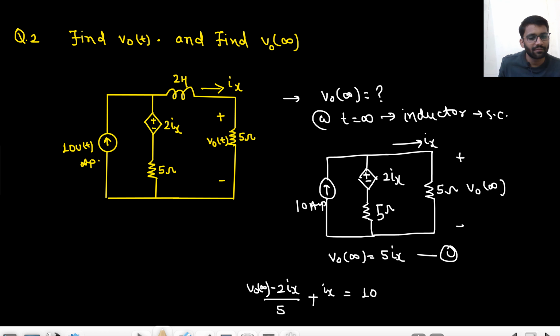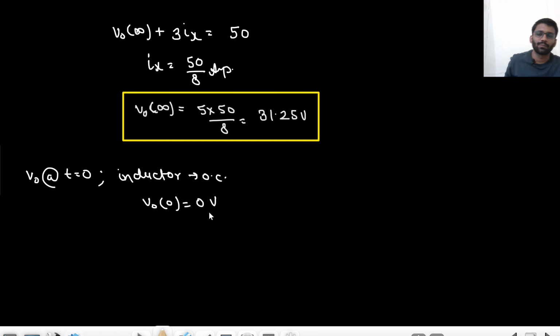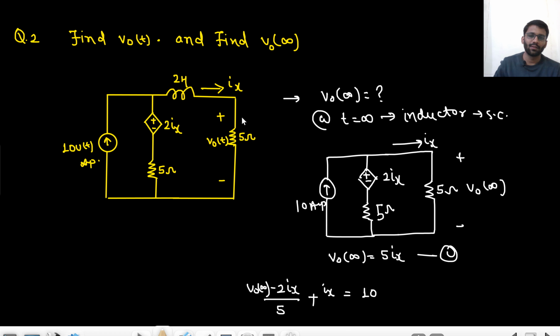Okay, let's just take it, then we will solve by Laplace transform as well. So my V naught at t equals to 0 is becoming 0 volt. Then we will solve by Laplace, and then we will see if I am doing it right or wrong.